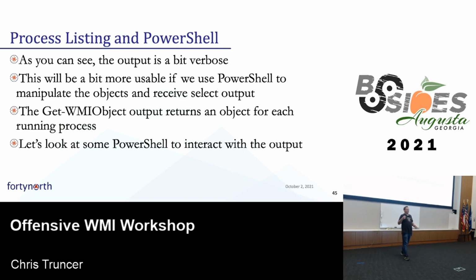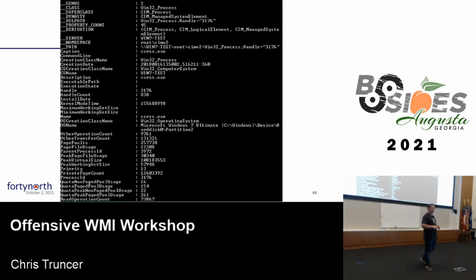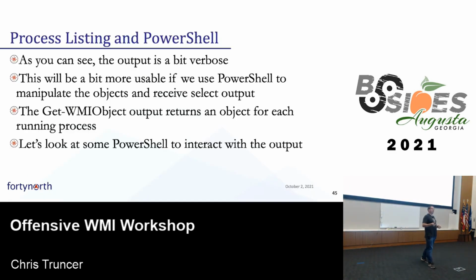So we can use PowerShell to manipulate those objects and only return the data that we're interested in. Instead of returning all of this information, we can have maybe one or two pieces of it, whatever would be useful for the situation we're in, instead of being overwhelmed with everything.